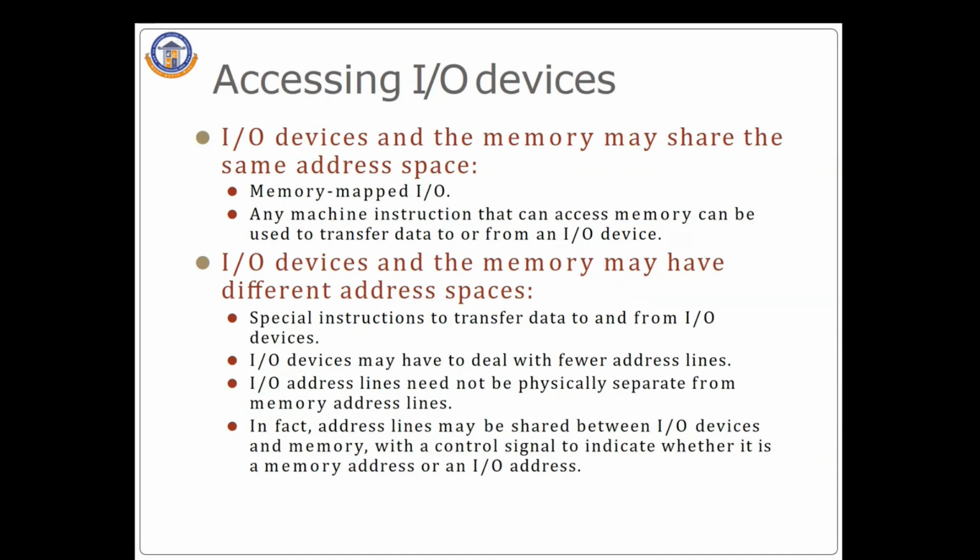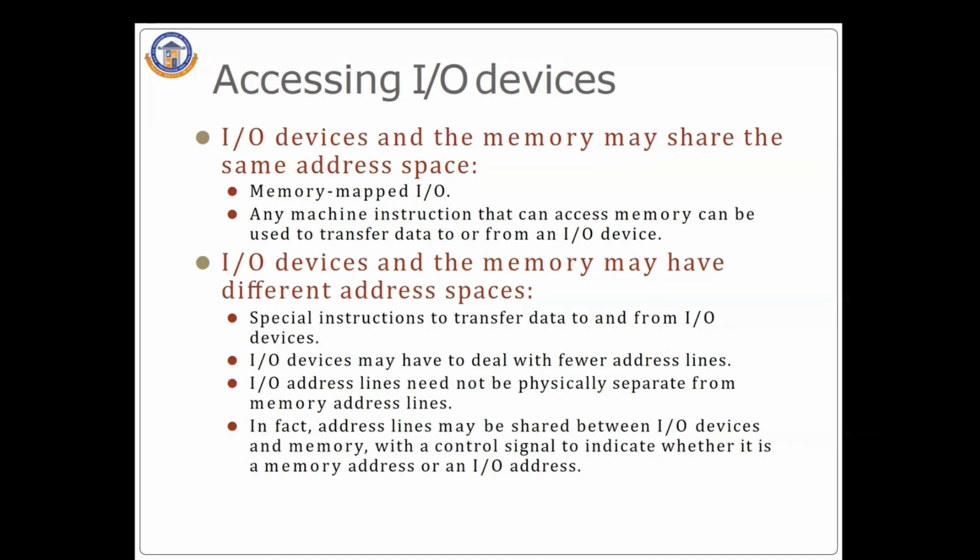That is called memory mapped I/O. When the I/O device and the memory share the same address space, it is called memory mapped I/O. The address is equally shared by the memory and the I/O device. In other cases, it may not be shared.